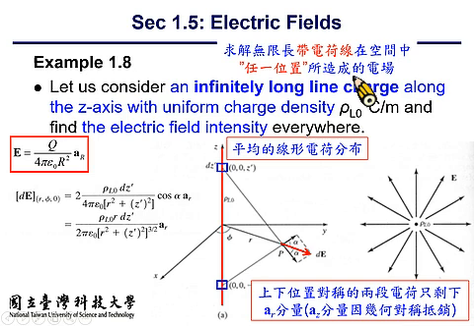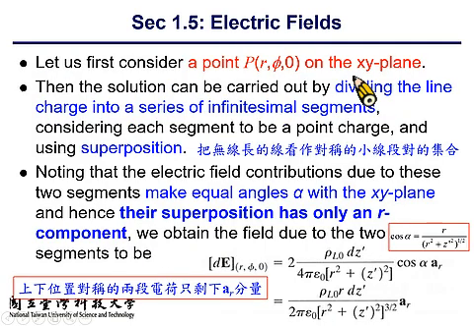Then what next? Well, the next step is to add up all the fields from each pair on the line. Okay, so here is some more tricky part, right? As we have seen from the previous slides, due to the symmetry of the 2 charge sections, we only have AR components, that is the projection on the XY plane.